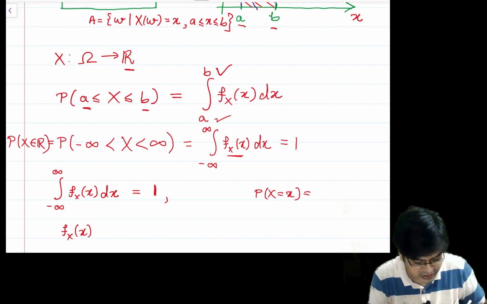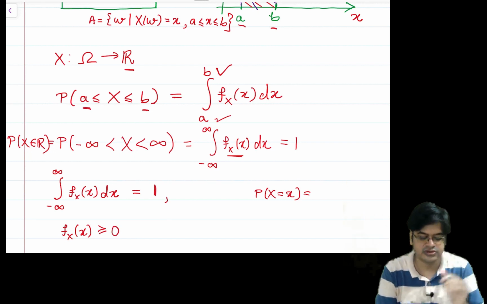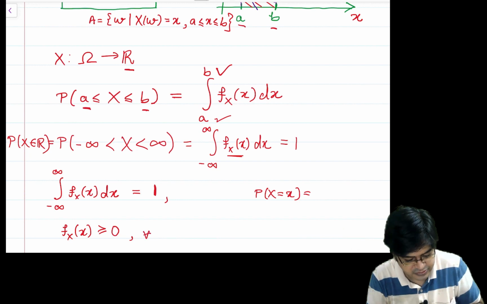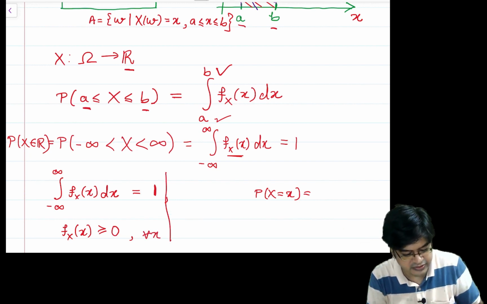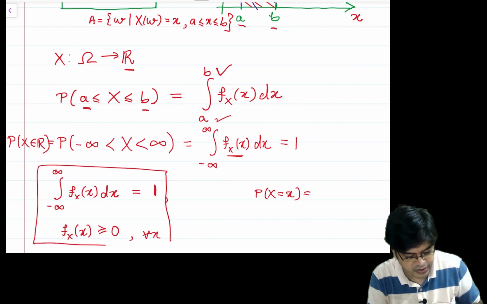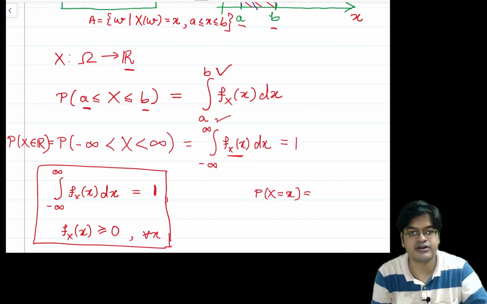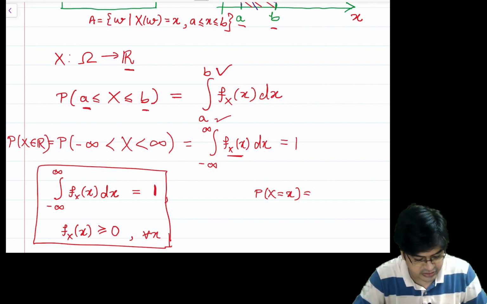Therefore, this function cannot be less than or equal to 0. So it should be greater than or equal to 0 for all x. Okay. So these are the two properties which are very similar to our PMF, probability mass function, when we were handling the discrete case. In fact, we have derived these properties by drawing an analogy with the PMF. So these are natural to expect.